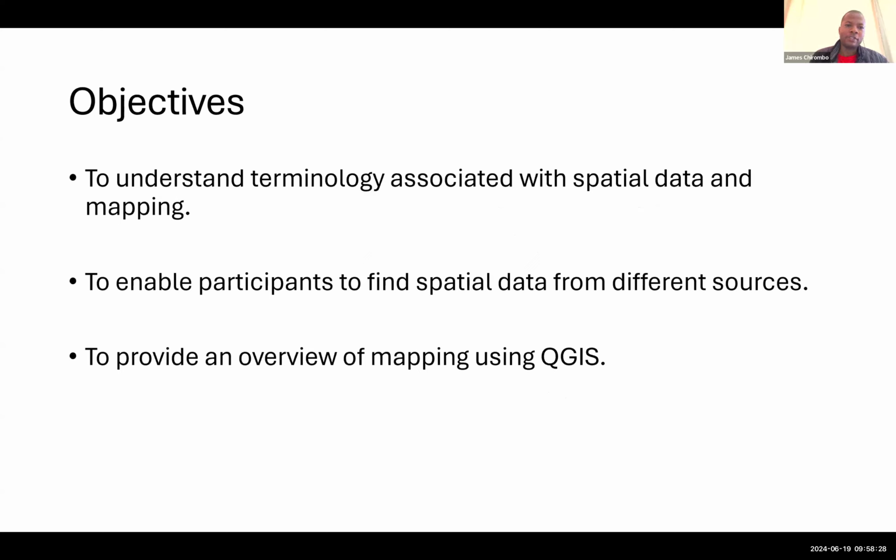So I hope by the end of these few slides, you'll be able to understand some of the terminologies that are associated with spatial data and GIS mapping, but also become more aware of some of the data sources that you can use, especially how and where to find spatial data for your use, and a brief overview of mapping using Quantum GIS.